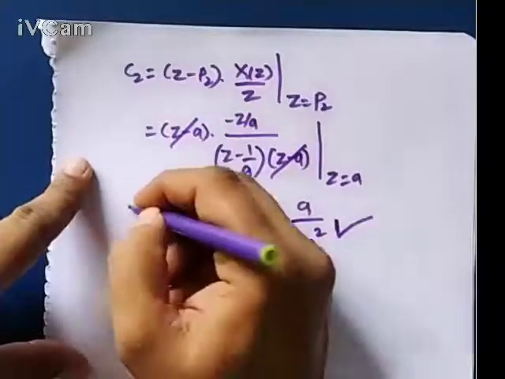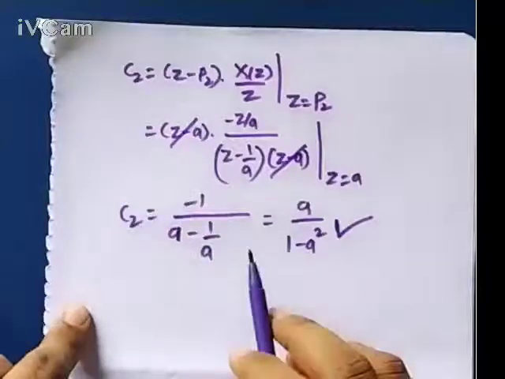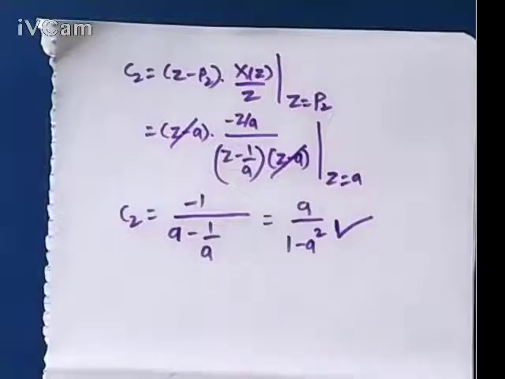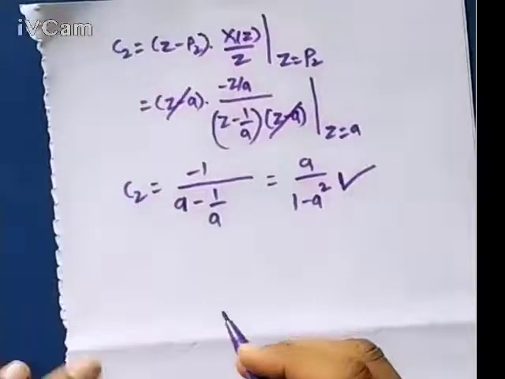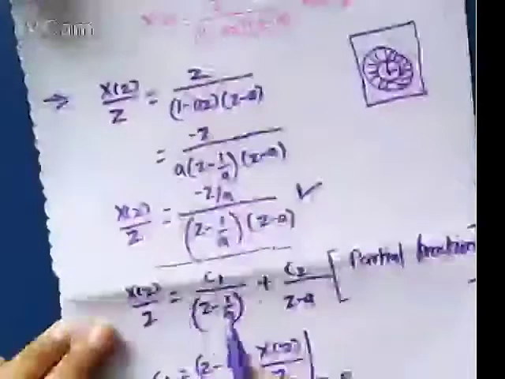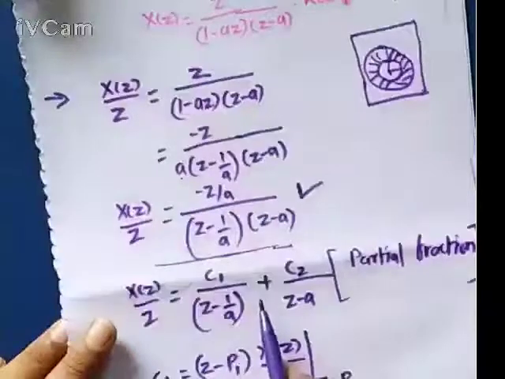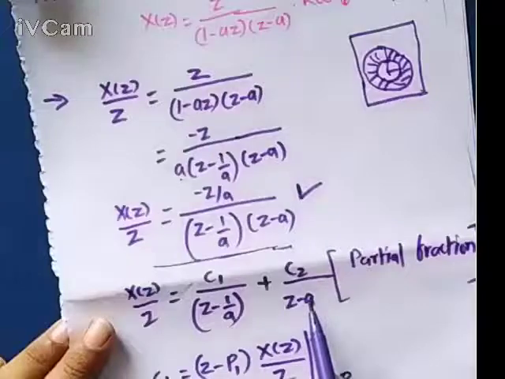So this is my c2. Okay, now I have calculated both the coefficients c1 and c2. I have to substitute them back in the X of z by z form, which we have represented in coefficient form as c1 upon z minus 1 by a plus c2 upon z minus a.